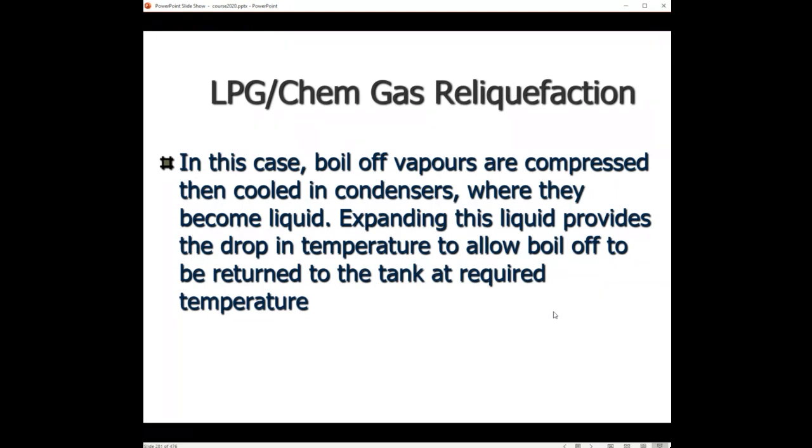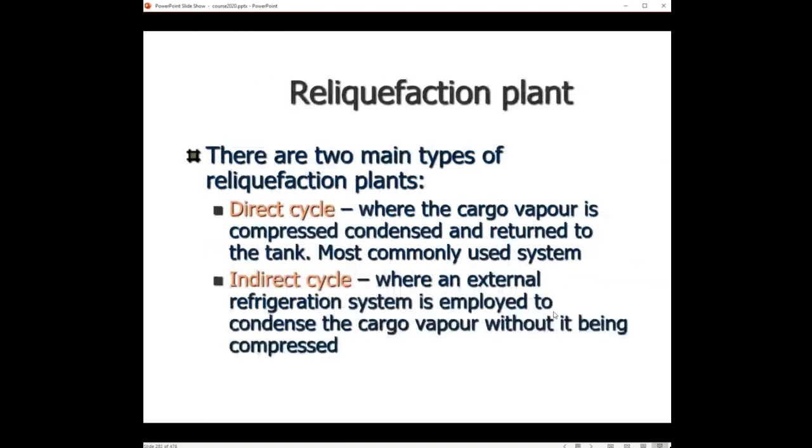Okay, in this case, gas reliquefaction of LPG and chemical gases, we will reliquefy the gases. Two different types of reliquefaction plants exist, namely the direct cycle and the indirect cycle. In the direct cycle, we will send cargo vapors through the whole reliquefaction system.